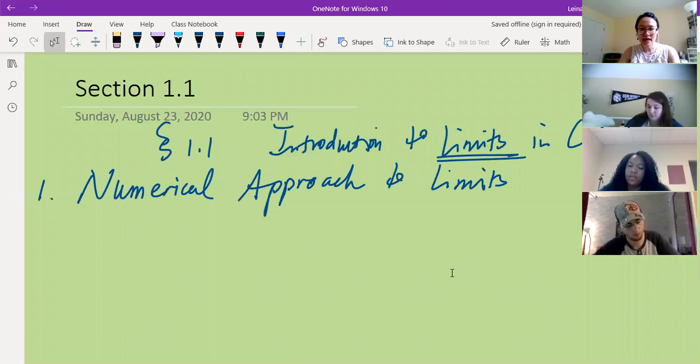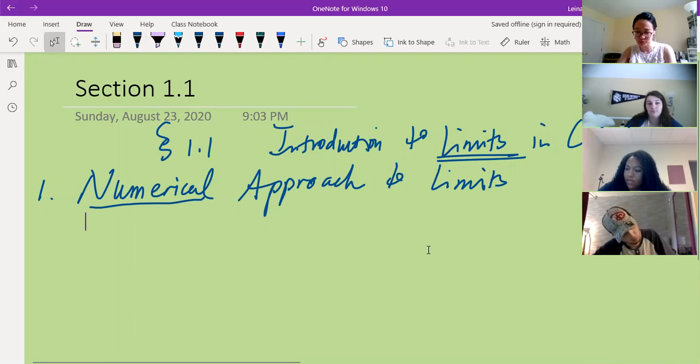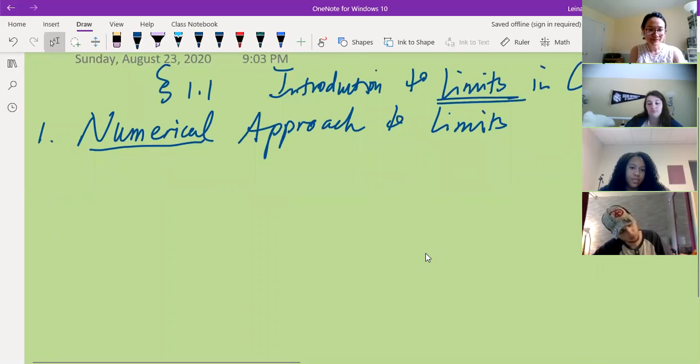When we say numerical approach, that means we're using numbers for calculation. The calculation process will help you understand what this function is doing when it comes to a certain point. So example 1.